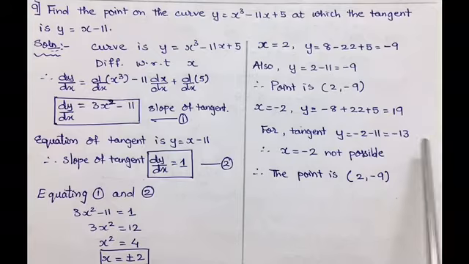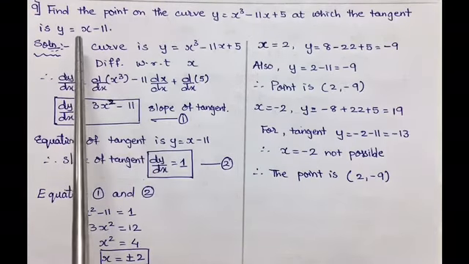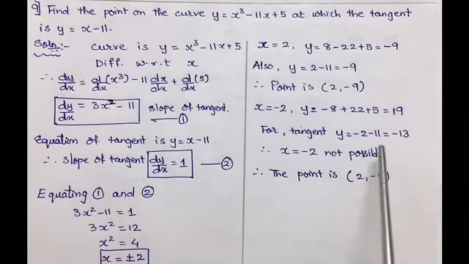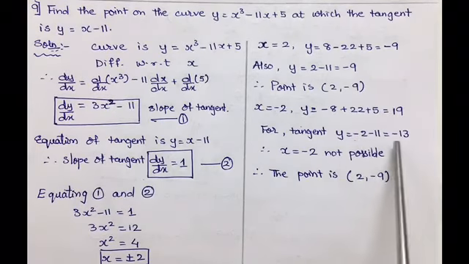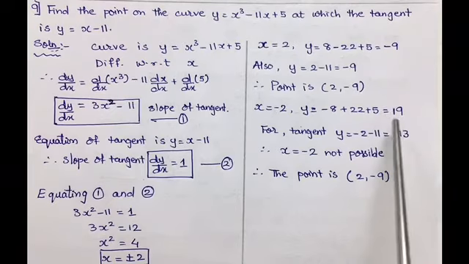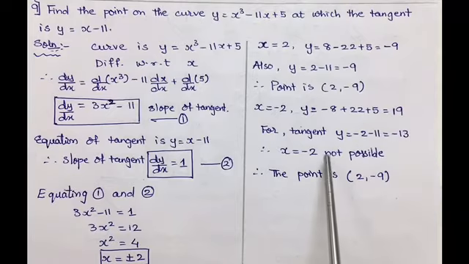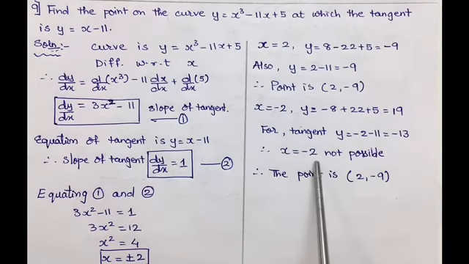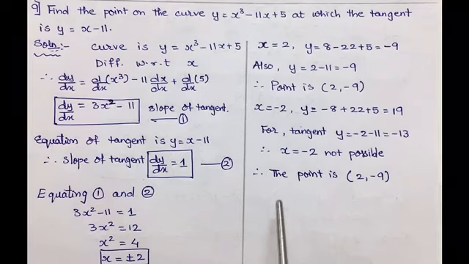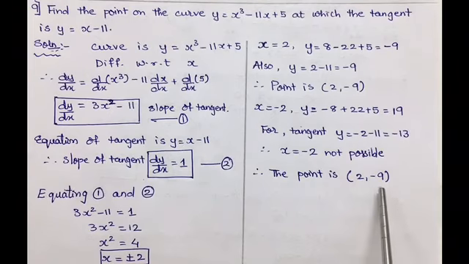Now the same value of x equal to minus 2, keeping it in the equation of tangent, we get the value of y as minus 13. Now in both cases, the curve as well as the tangent are giving different values of y. Therefore, x equal to minus 2 is not possible. Hence, the point is only 1, and that point is (2, minus 9).